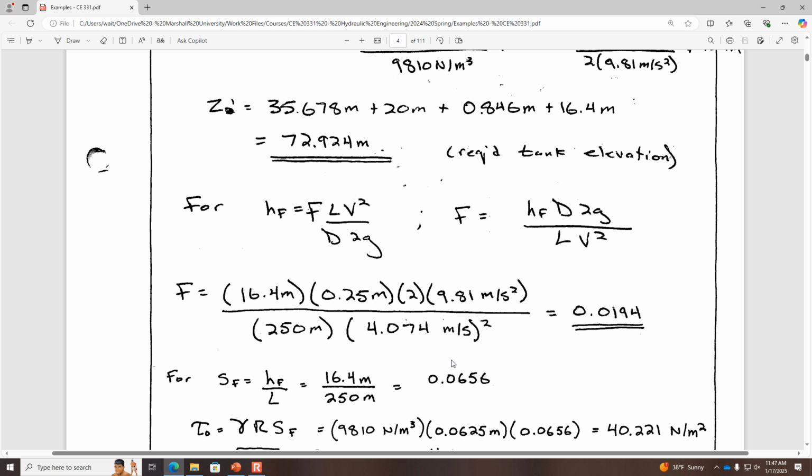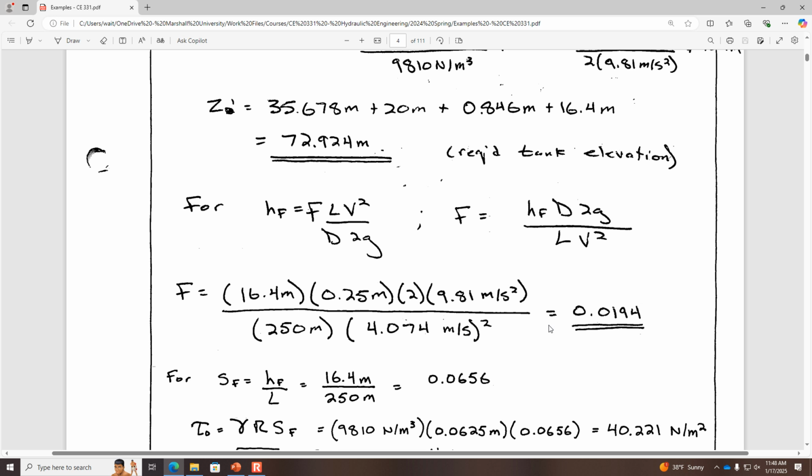This is just for giggles. You won't usually calculate f like this. Normally, you'll estimate f with either the Colebrook equation or the Jain equation or a Moody diagram. We're just doing this in reverse, I guess, to be cute.